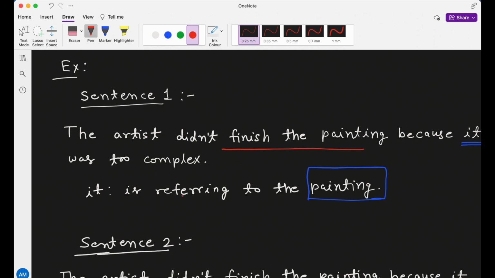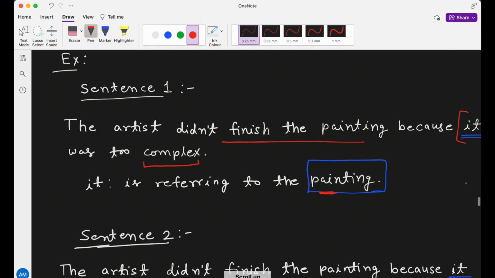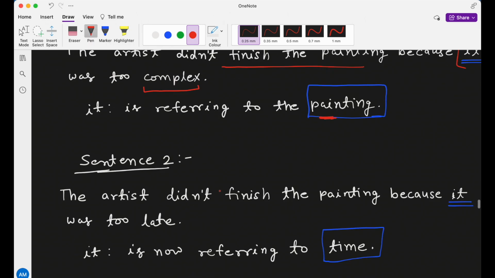Now if I ask you whom this particular "it" is referring to, it is referring to the painting here. Now if we change just one word in this sentence, this one word "complex", and the sentence is now: the artist did not finish the painting because it was too late.